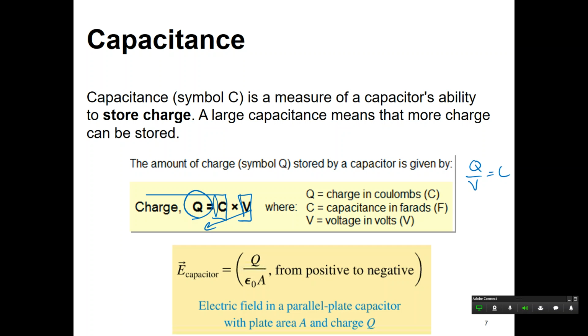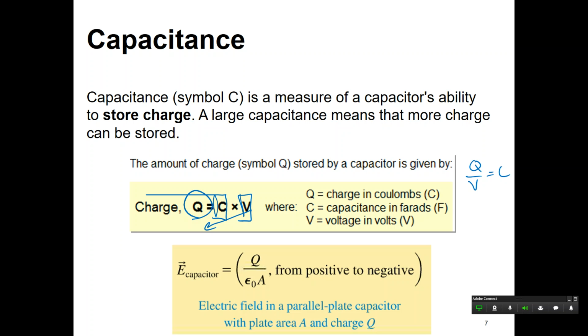Okay, now if I have a capacitor, and the capacitor is already made, does the capacitance stay constant regardless of voltage? A capacitor is how well it can hold a charge. So by changing the voltage, am I changing how well it can hold a charge?